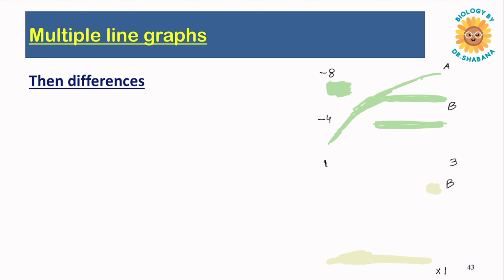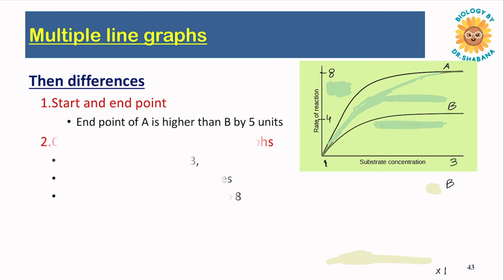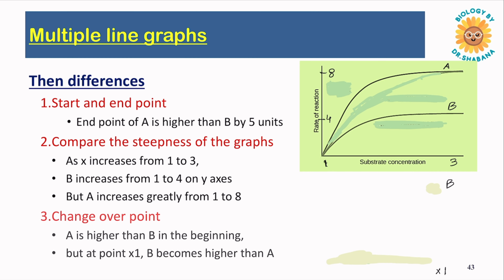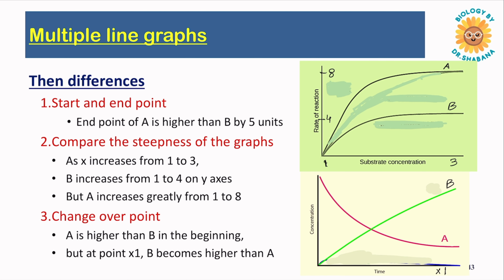Then will come the differences. The differences would be the starting and the ending points. For example, the ending point of A in this graph. I just edited it out from another graph, so you can see the starting and ending point. So what do I say? They start at the same point, but end at a different point.